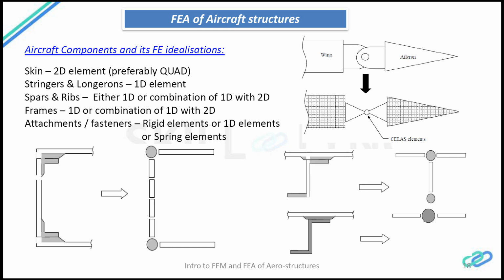So in the mathematical world, this is meshed using 2D elements and a combination of 2D and 1D for the wing. Similarly, the aileron is also of the same sort, like a miniature wing. And these attachment lugs are modeled using spider elements, which are rigid elements, and then the bolted connection itself is modeled using a spring element between these two lugs, idealizing that these two lugs are being bolted together.